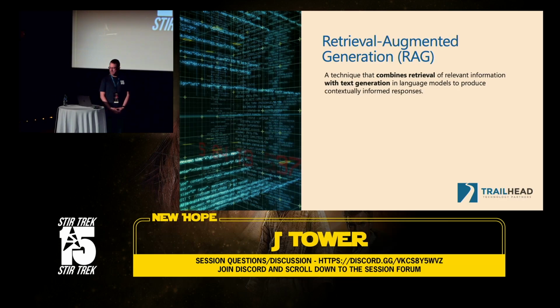If you train a large language model using RAG on that body of documents, then you can ask that large language model questions like, how do I request time off? And it's going to be able to give you answers in that context.